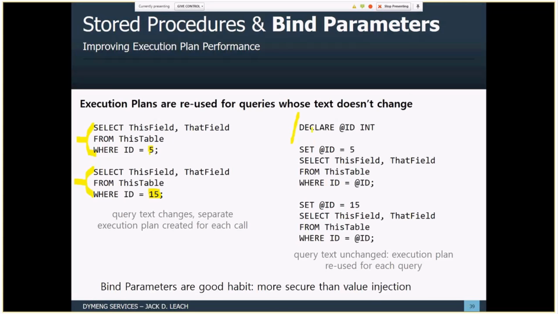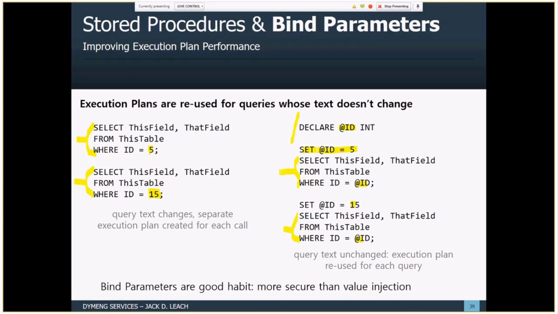So if we come over to this end and take a look, now we're going to use some SQL Server syntax. This is not stuff that you'll see in Access, so this is a good candidate for a pass-through query. We're going to declare a parameter, set that parameter to a value, and then we've got one SQL statement here which uses that parameter value, and another SQL statement here which uses a different value.